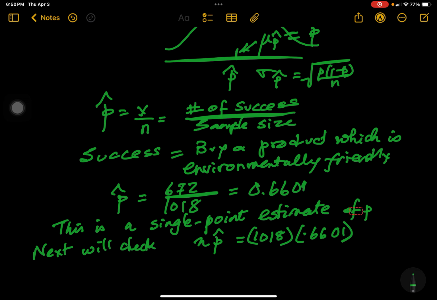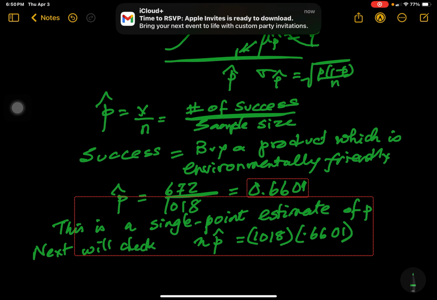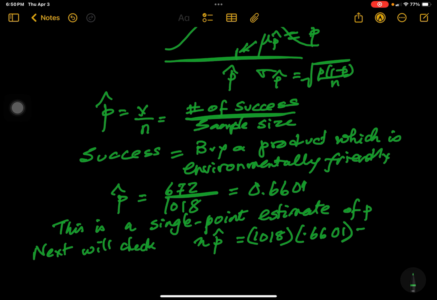So 1018 multiplied by 0.6601 is 671.98, and that has to be greater than or equal to 10.